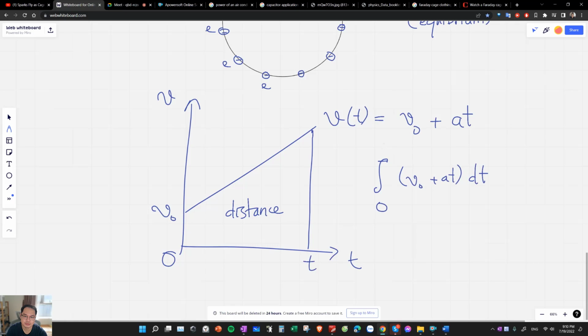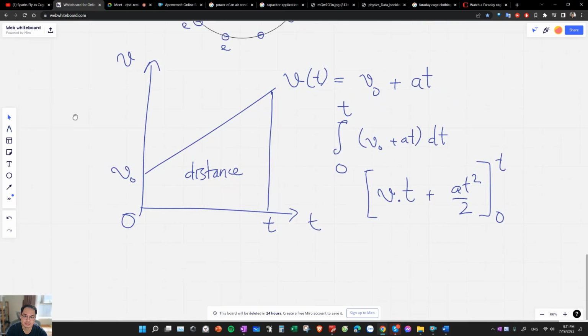Because v0 is a constant, we take v0 times the time t plus at squared over 2, and then put in the lower limit 0 and upper limit t.